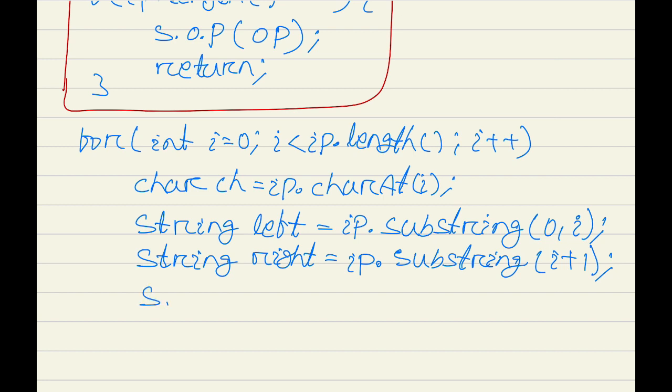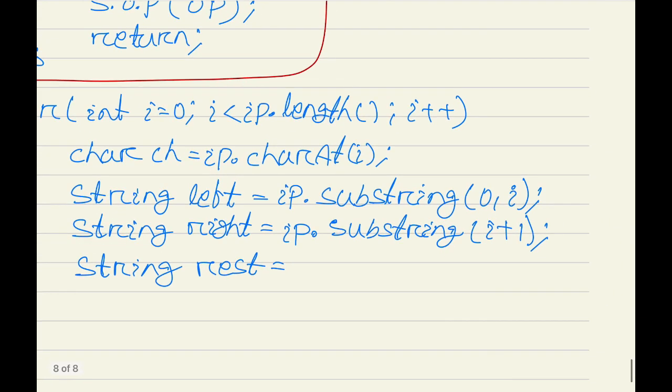Now combine this left part and right part. So I am taking a variable rest, that means the rest of the string excluding the selected character, equal to left plus right. Here plus means concatenation.